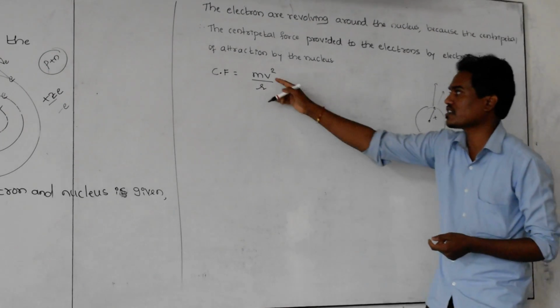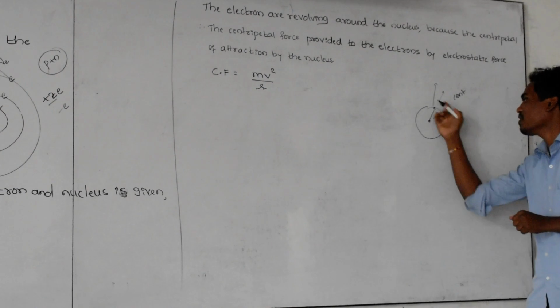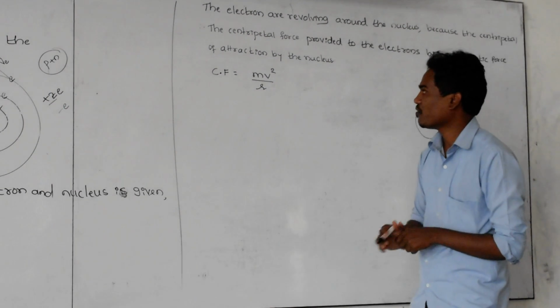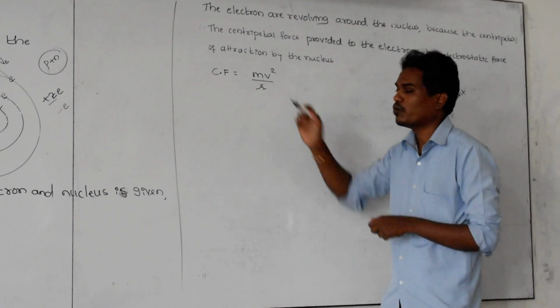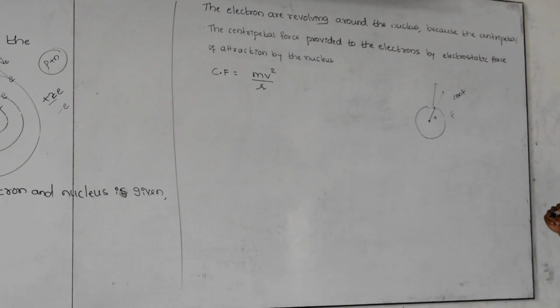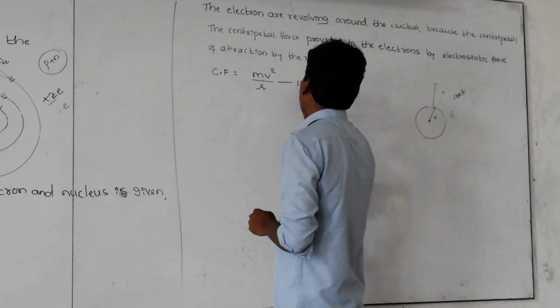It is called orbital velocity because the electron is revolving in the orbit. And m is the mass of the electron which is orbiting. Let us take this as the second equation.